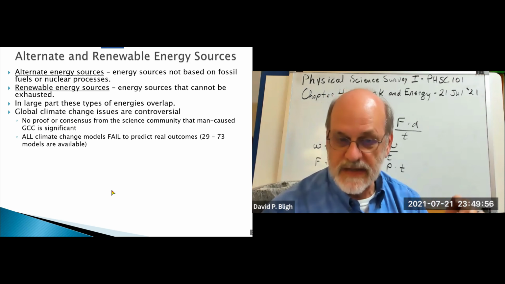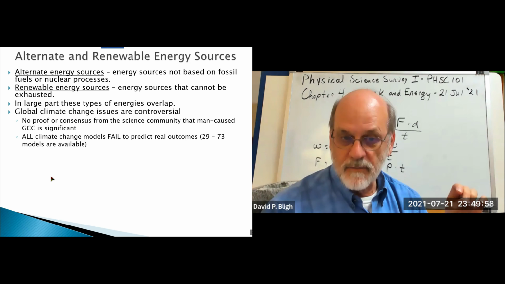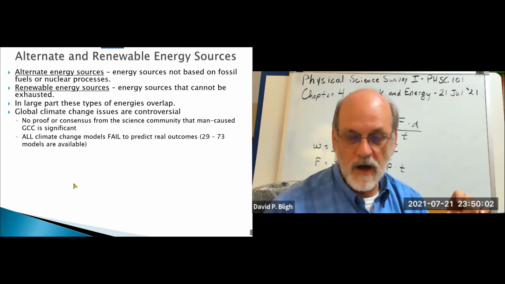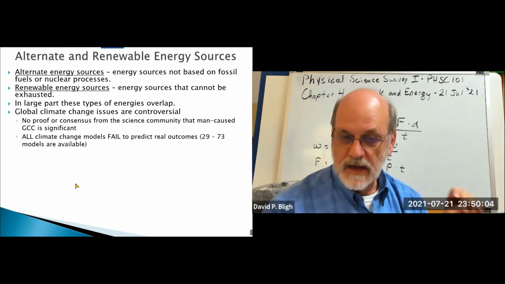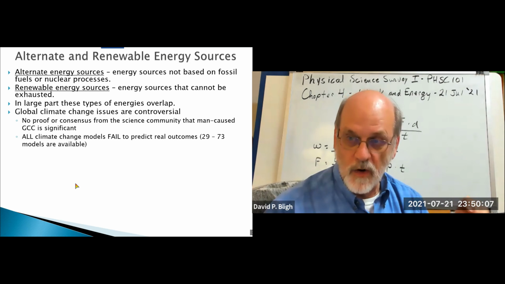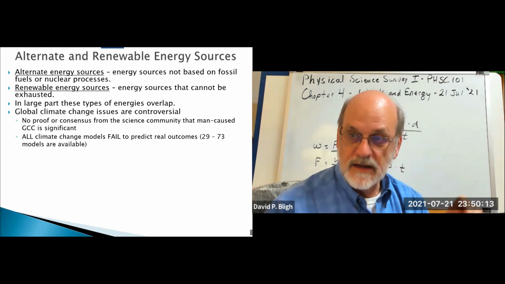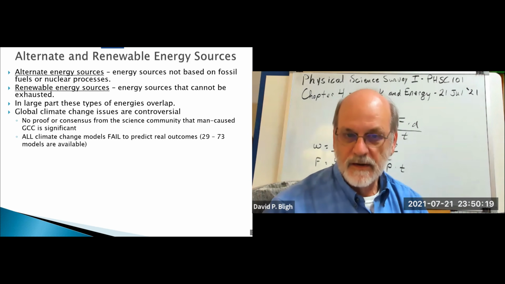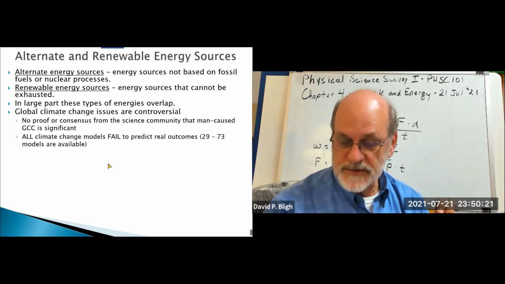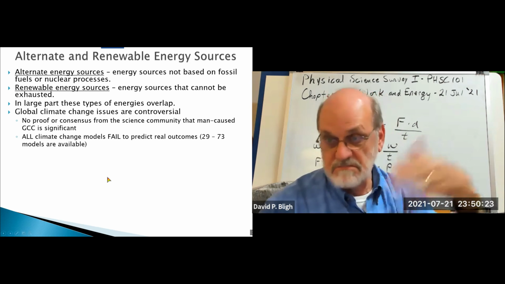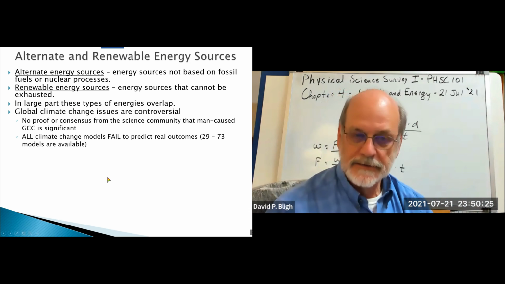So that just tells me that the models should be junked. They're not worth tweaking anymore. And the reason is that they're chasing the wrong culprit. They're saying that man's activity is causing global warming, and they will tweak their models to give you the answer they want, while the models themselves are really just mathematical constructions.